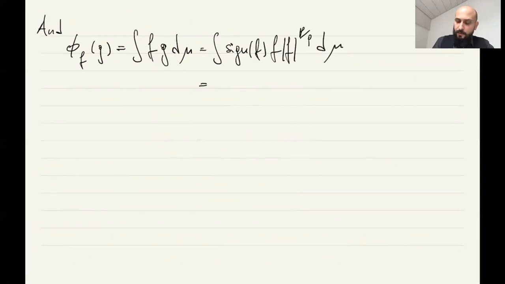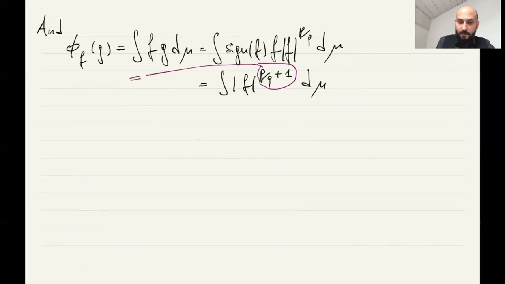And now this is equal to the integral of |f| to the power p over q plus 1 dμ. Now, since the exponents are conjugated, this quantity is equal to p, and this becomes the p norm of f.